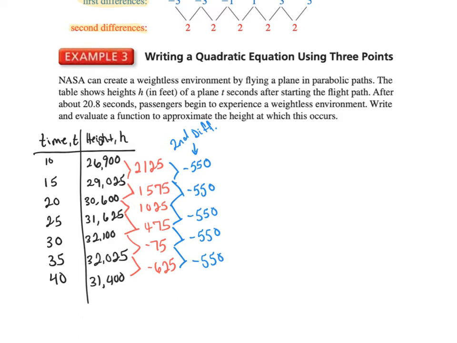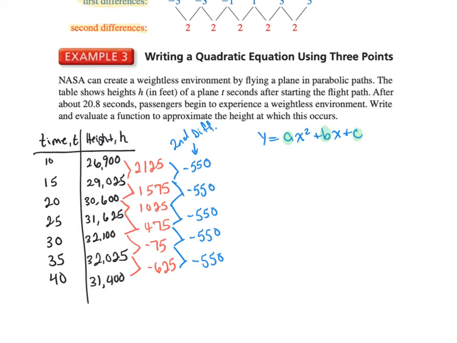So step 2, we actually have to write an equation. Since we know that this is quadratic, it can be written in the form y equals ax squared plus bx plus c. Now we have many points, but we don't know the values of a, b, or c.